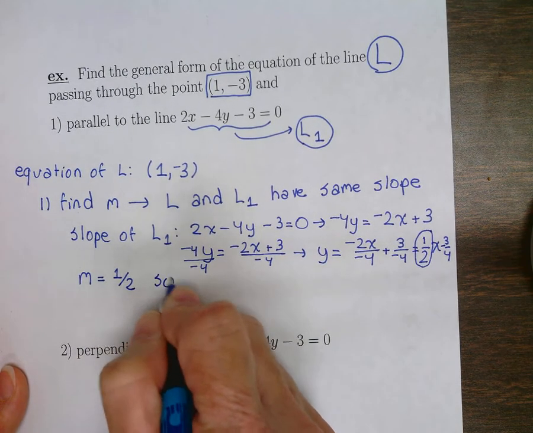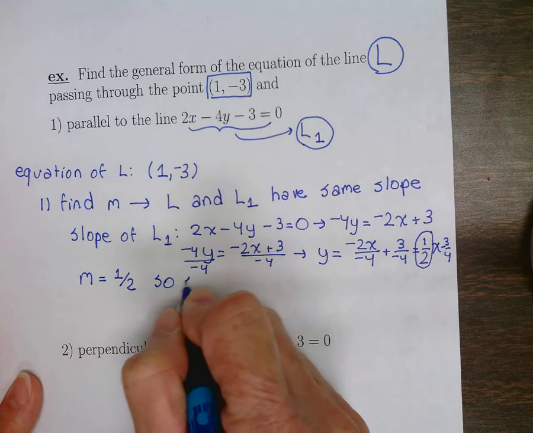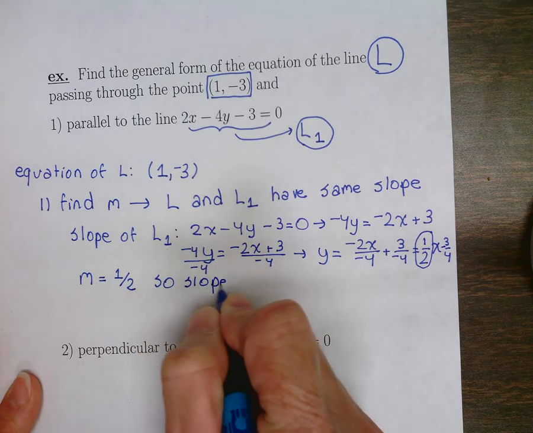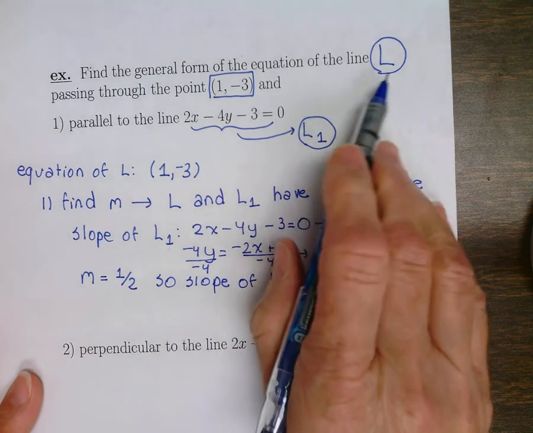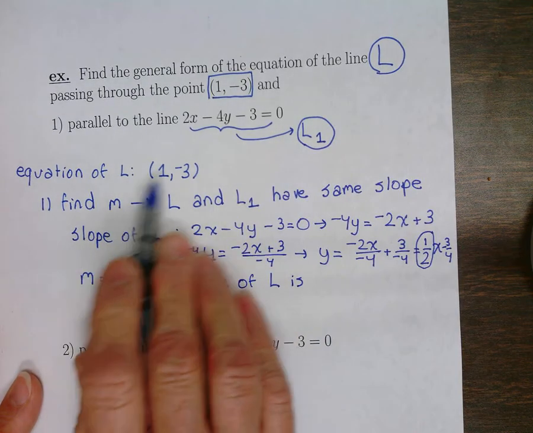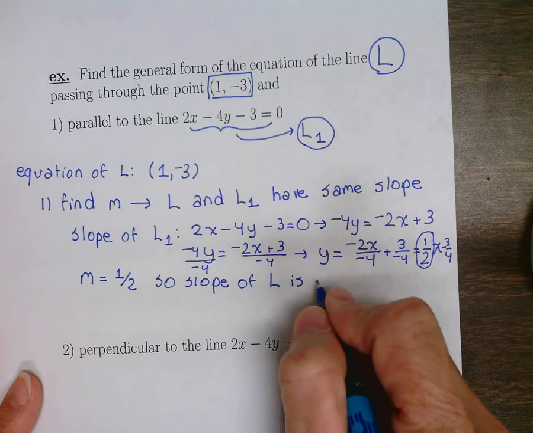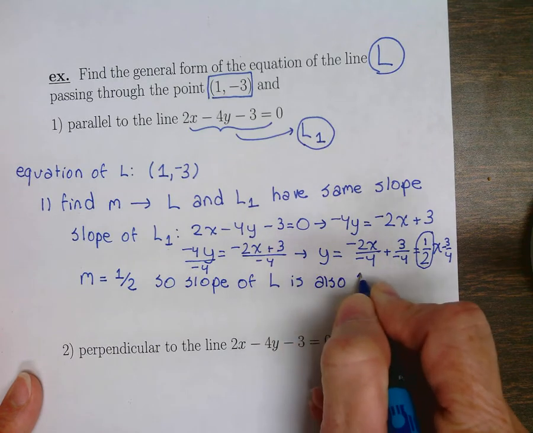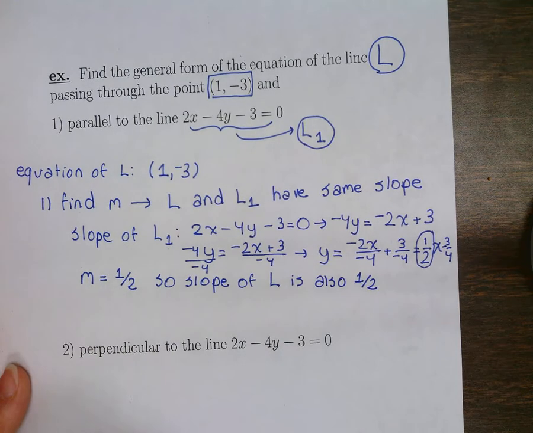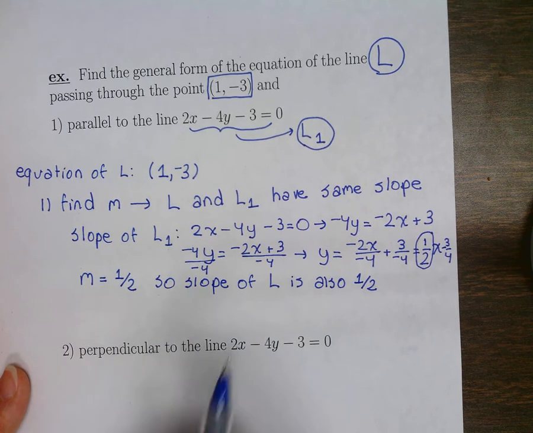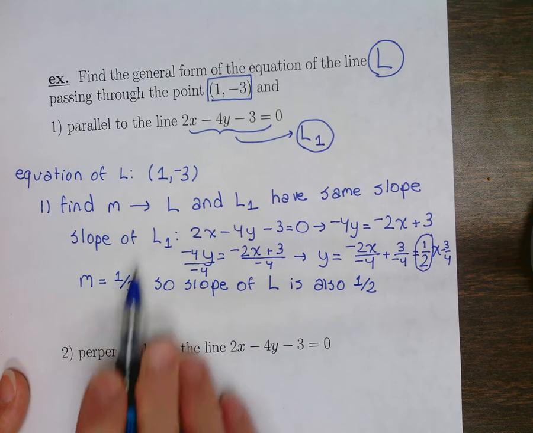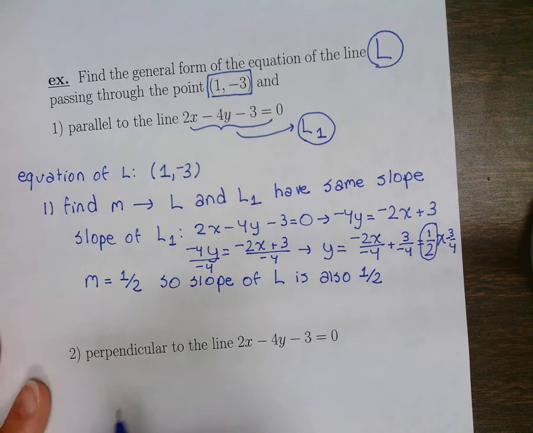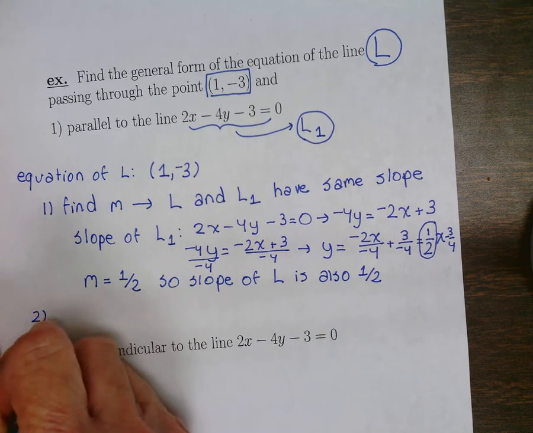So the slope of L, which is the line that is parallel to this line, is also 1/2. Does that make sense? I know the slope of the given line, L1, and so that is exactly the same as the slope of line L. So I can write its equation.